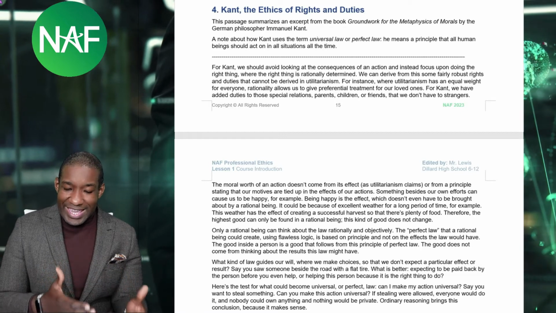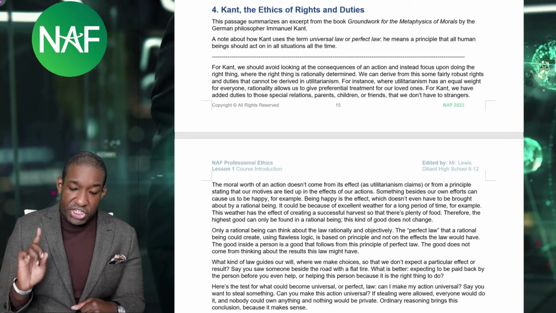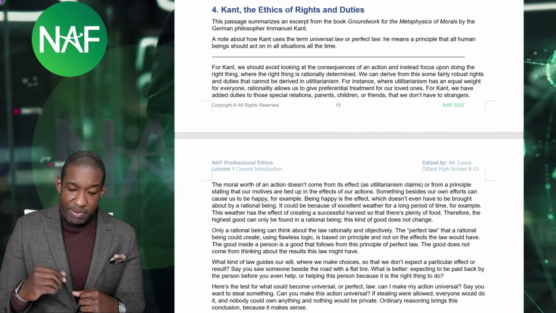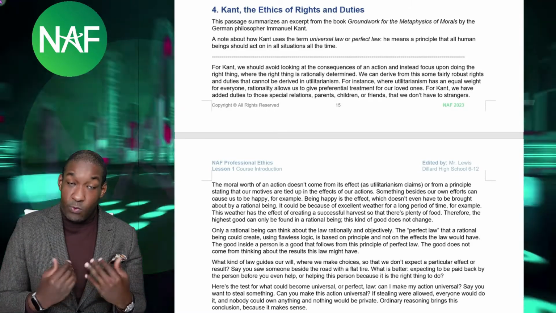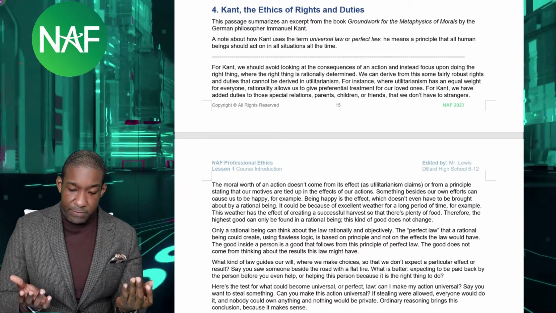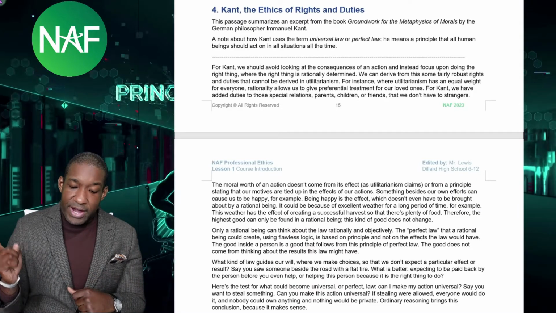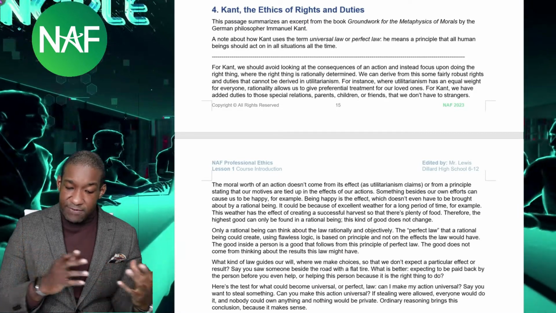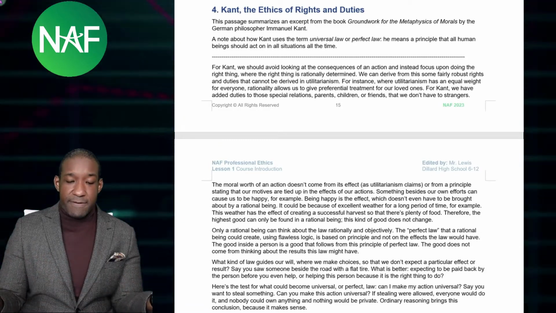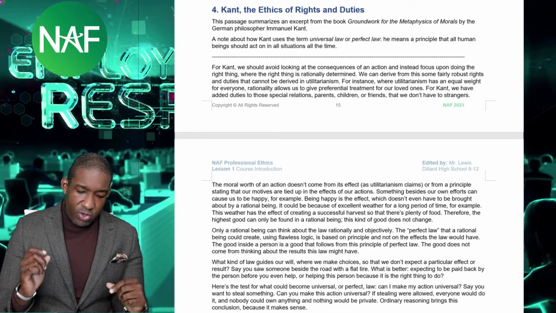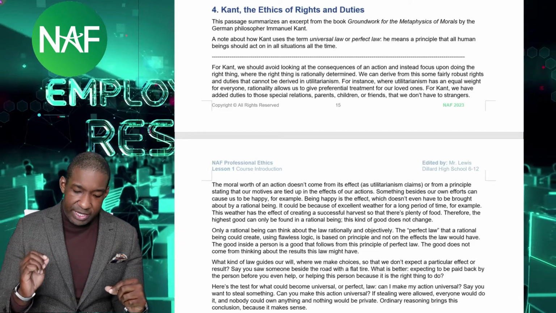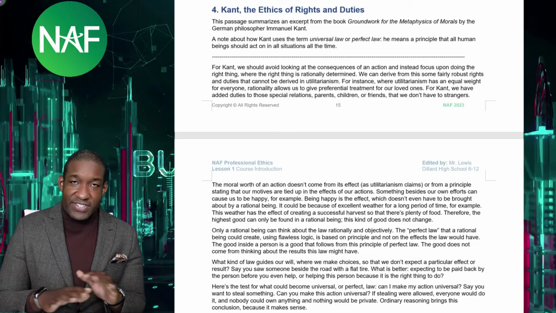Being happy is the effect, which doesn't have to be brought about by a rational being. It could be because of excellent weather for a long period of time, for example. The weather has an effect of creating a successful harvest so that there's plenty of food. Therefore, the highest good can only be found in a rational being. This kind of good does not change.